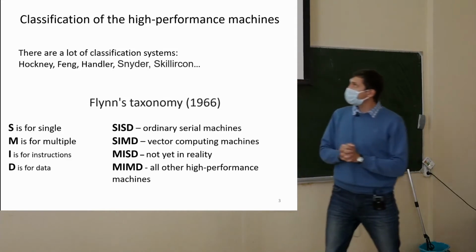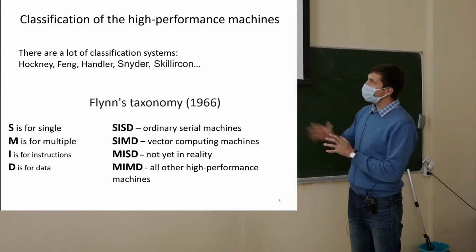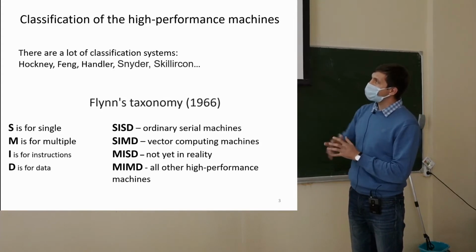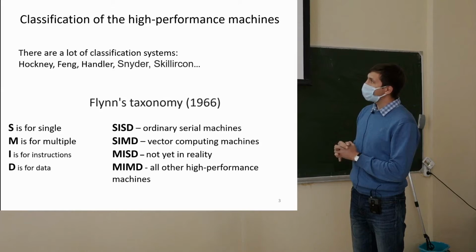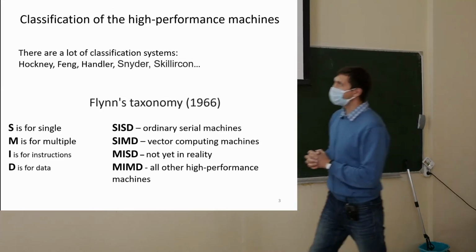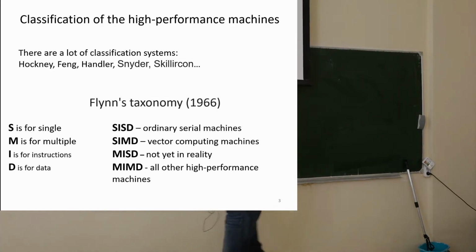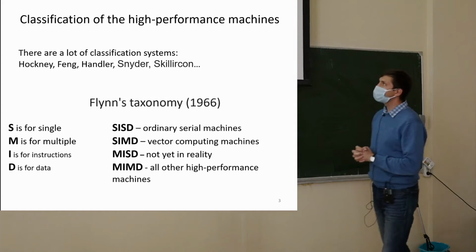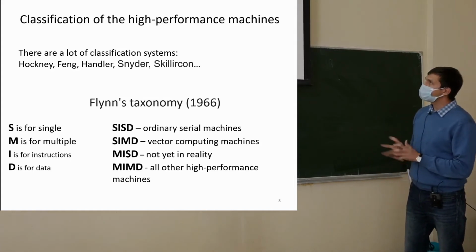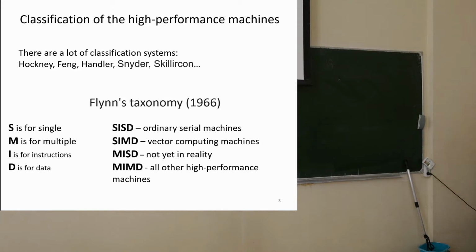Okay, so you can construct 4 classes using these 4 words: SISD, SIMD, MISD, MIMD. SISD is the ordinary serial machine with von Neumann architecture.